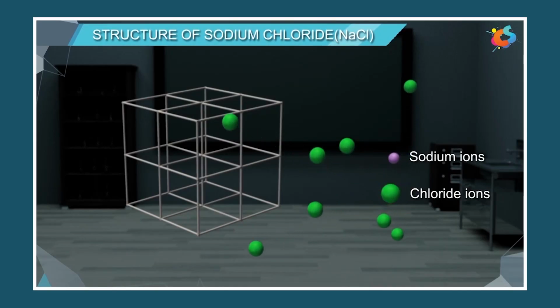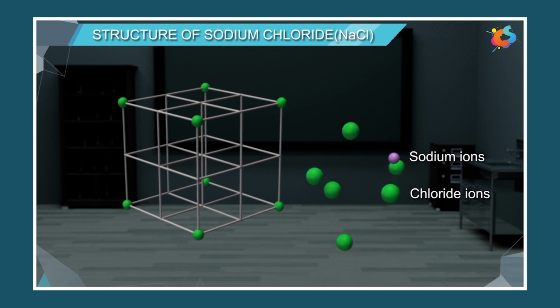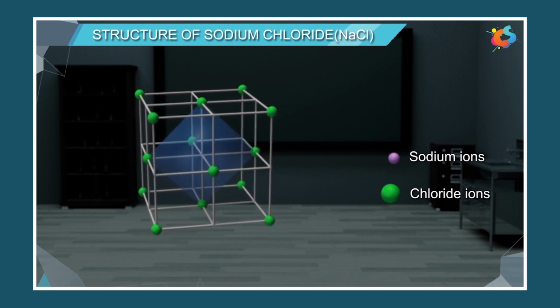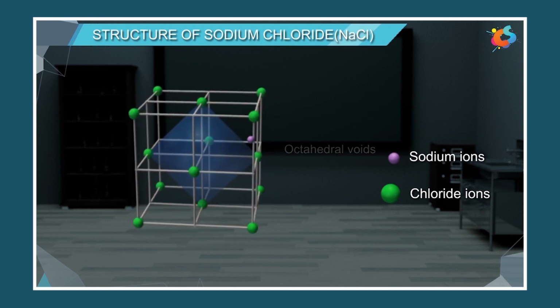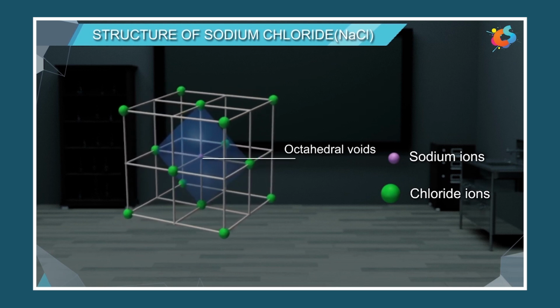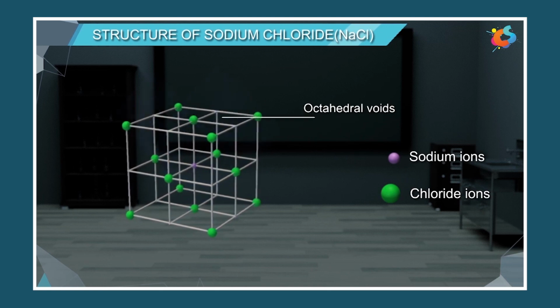The salient features of this structure are as follows. The chloride ions are arranged in cubic close packing, CCP arrangement. In this arrangement, Cl- ions are at the corners of the cube as well as at the center of each face, that is, face centered cubic arrangement. The sodium ions occupy all the octahedral voids in the cubic close structure.